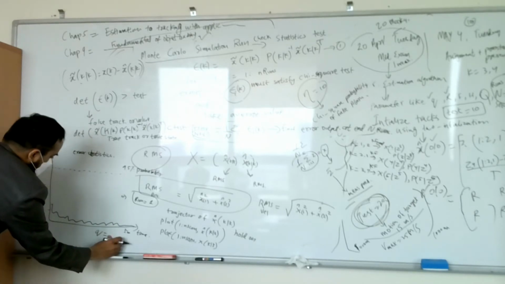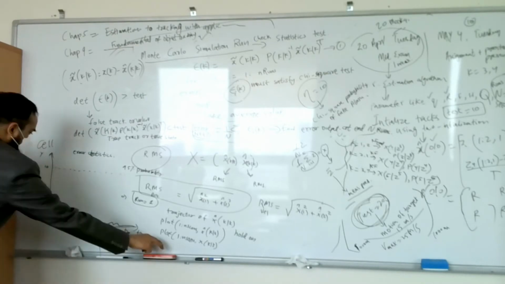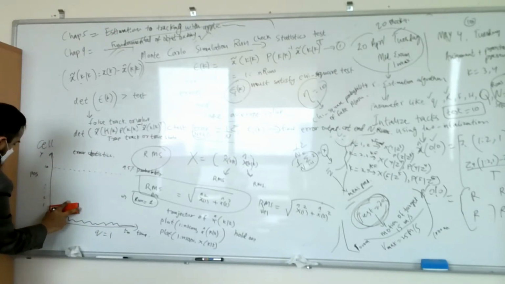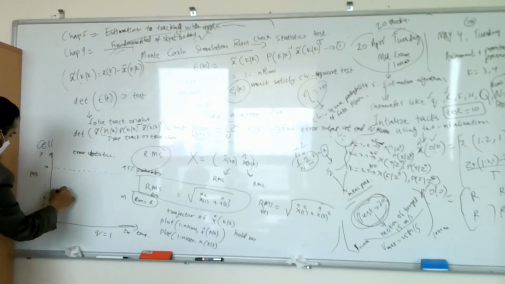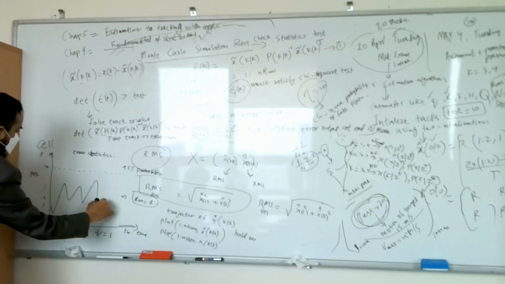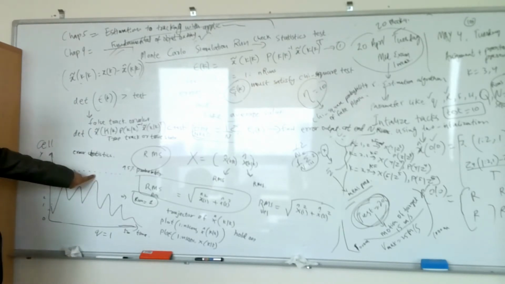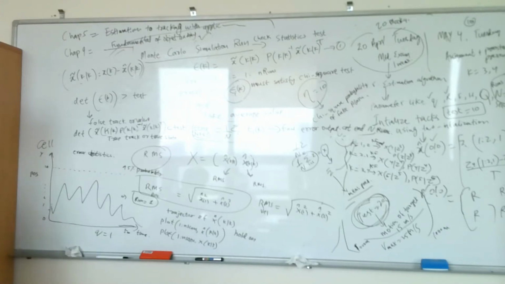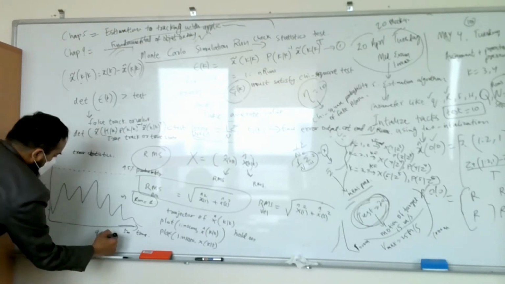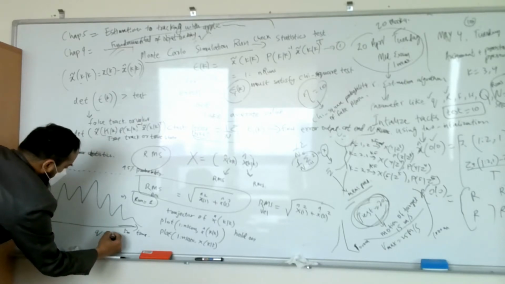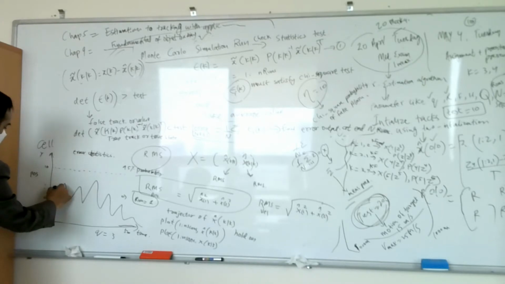If you set here Q, then the error will be under this line. If you make it even higher, like 3, then still it will be maybe here.